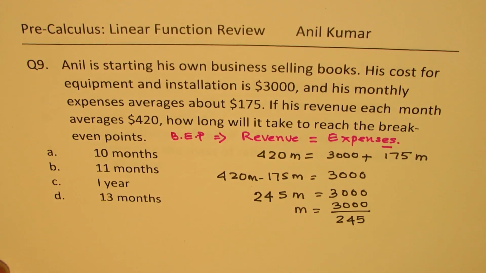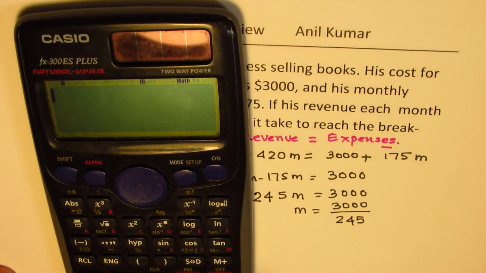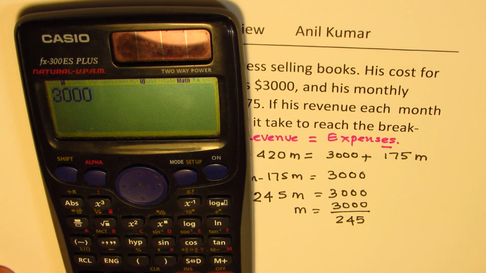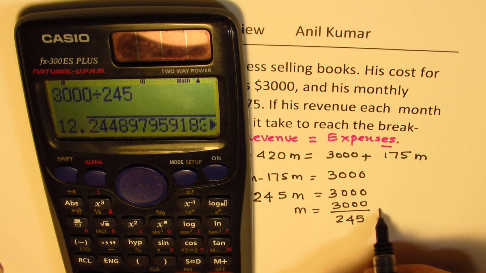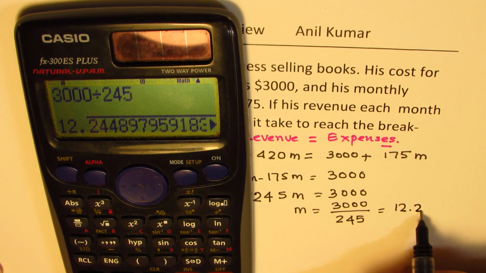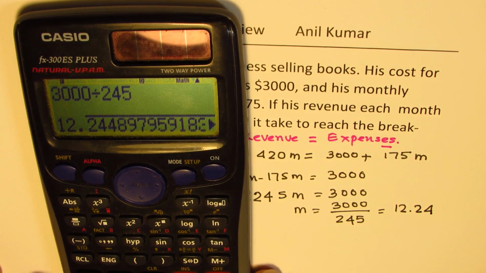Correct? So you need a calculator to calculate this. 3000 divided by 245, in decimals, is equal to 12.24. So it is more than 12 months, right?